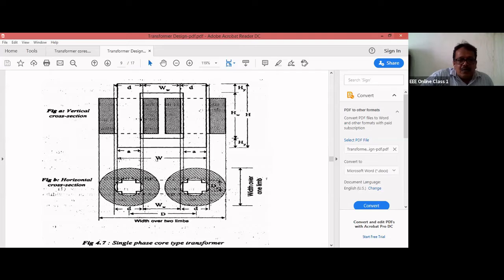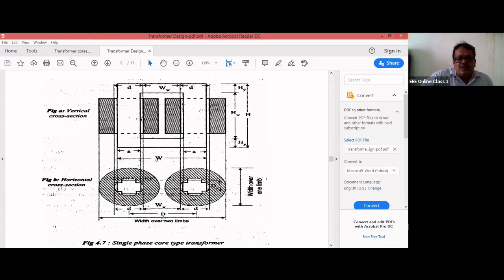This distance is left after the core part, you get a gap here, and that gap you also have to consider. So W is nothing but up to here. WW plus up to here I got it.